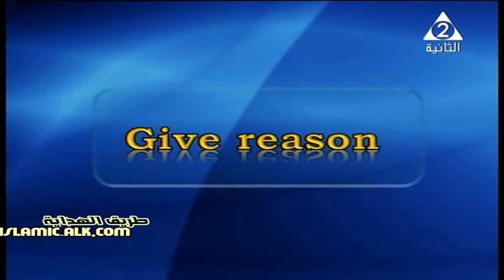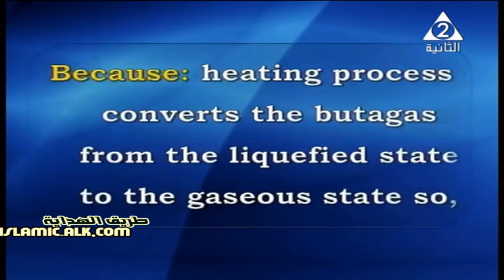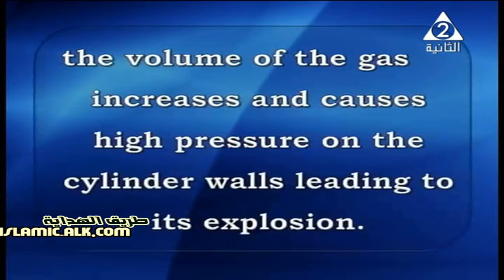Now, my dear student, we have give reasons. Heating cylinders of butane from outside is very dangerous, because the heating process converts the butane from the liquefied state to the gaseous state. As a result, the volume of the gas increases and causes high pressure on the cylinder walls, leading to its explosion.